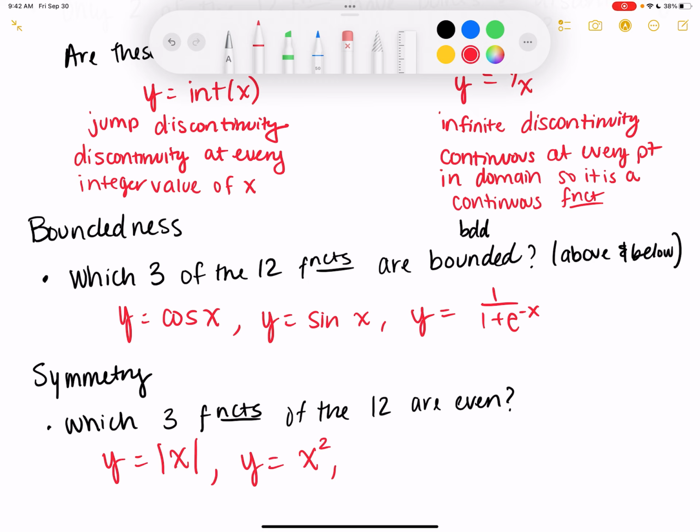So look at how with the squared function, if you took it and you flipped it over the y-axis, it's gonna look the same. What other function that you have would look exactly the same if you flipped it over? Would that be negative x? That's odd.